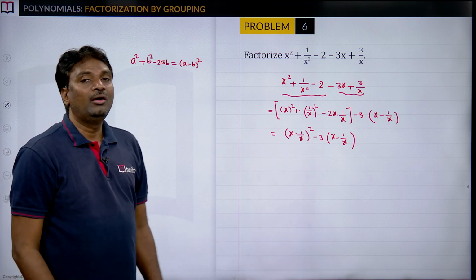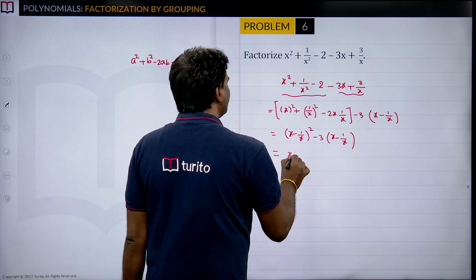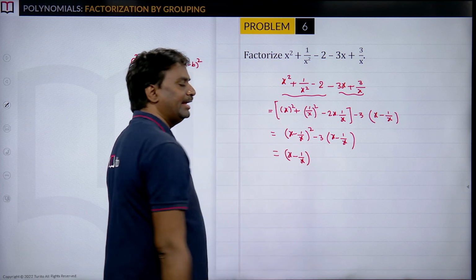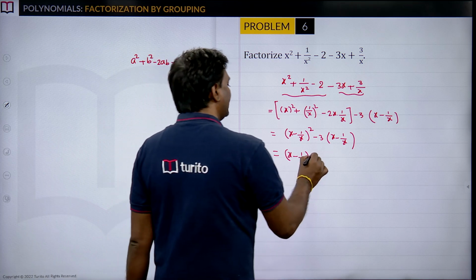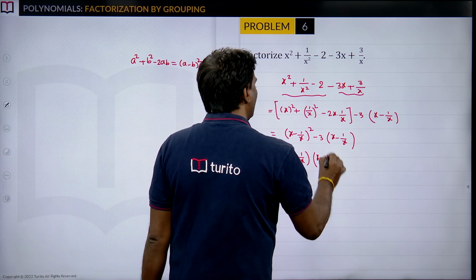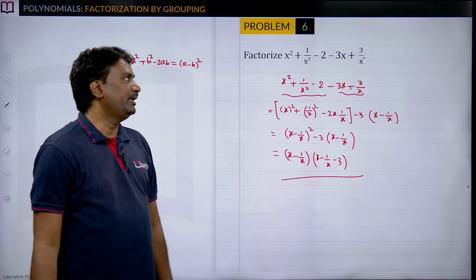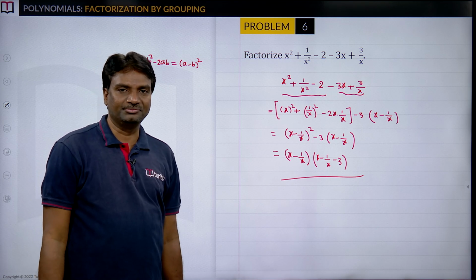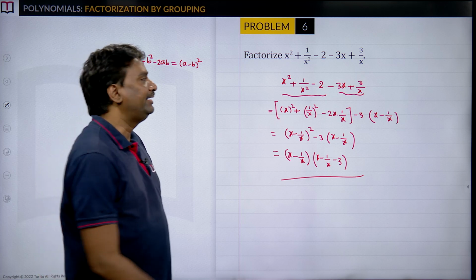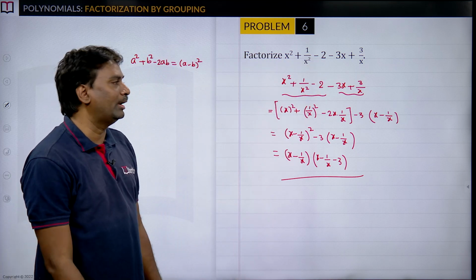Here we have x minus 1 by x. So, that is why we can take x minus 1 by x as common. By taking x minus 1 by x as common, you will get x minus 1 by x, here we have minus 3. So, we have expressed the first three terms as x whole square plus 1 by x whole square by dividing and multiplying by 2, minus 2 into x into 1 by x.